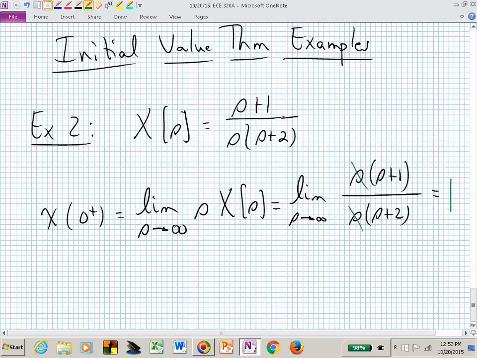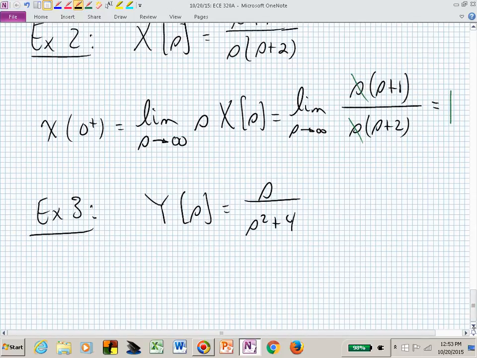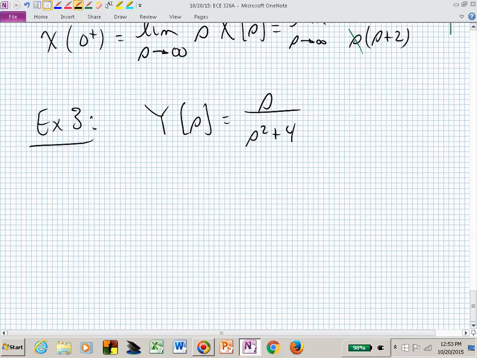What about the next example? Suppose that I said, can we apply the initial value theorem to capital Y of s, which is s over s squared plus 4? Do you see y of t, little y of t?